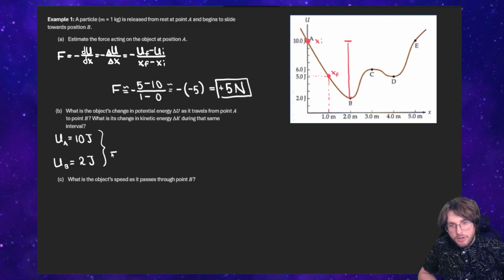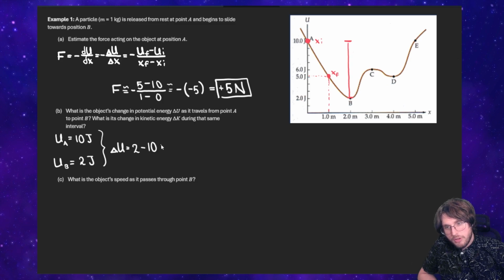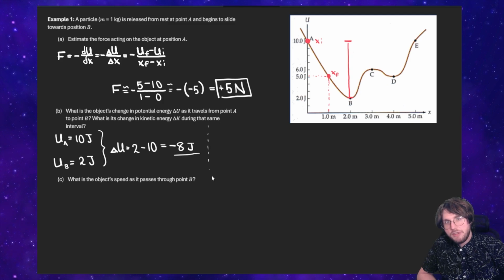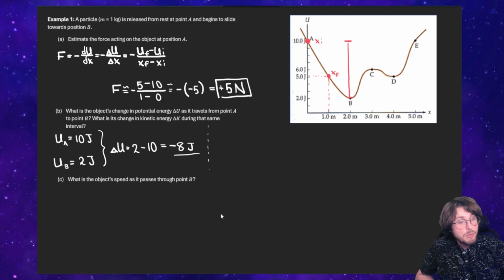So our change in potential energy would be just our final minus initial. So it would be 2 joules minus 10 joules, which gives us a change in potential of negative 8 joules. Now again, like in the last example we did, we have to consider the relationship between change in potential and change in kinetic energy.